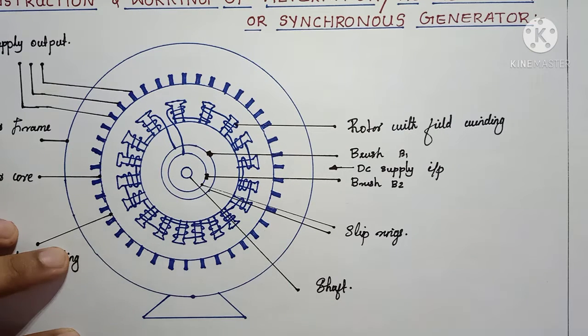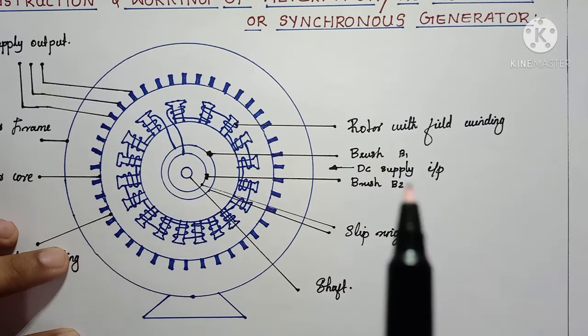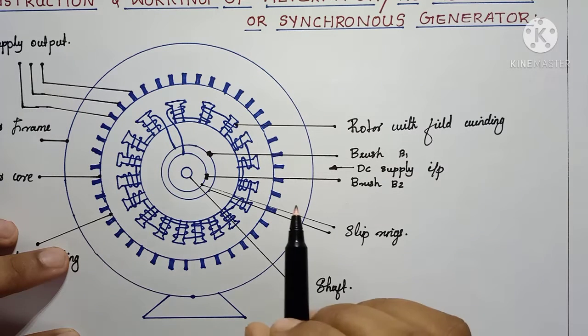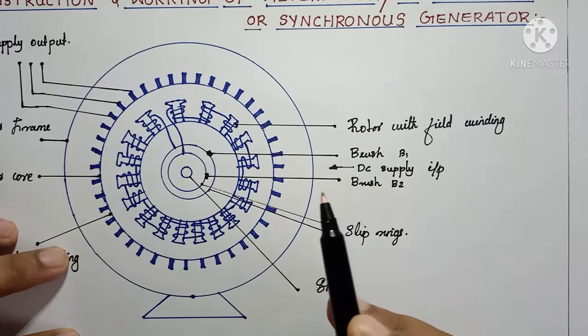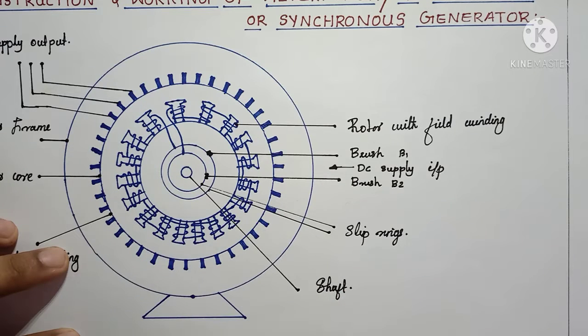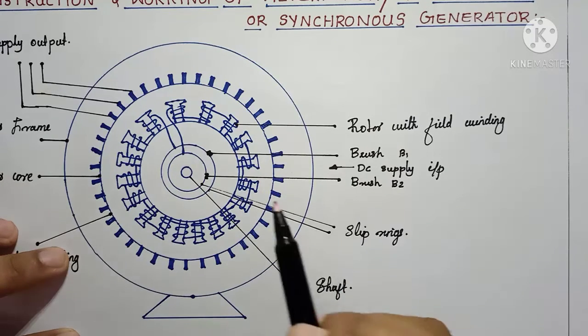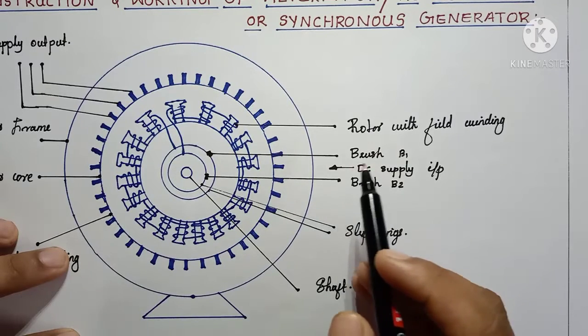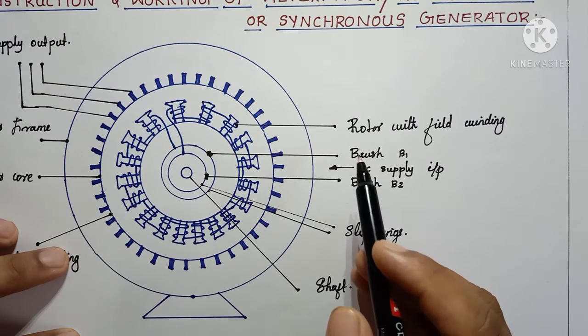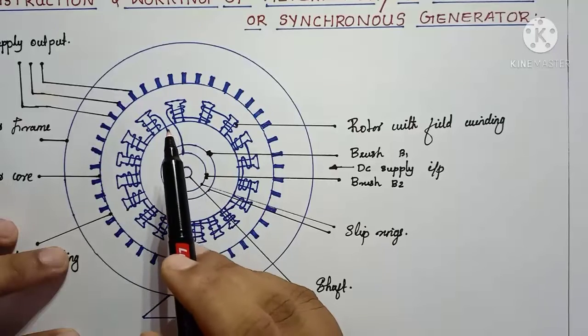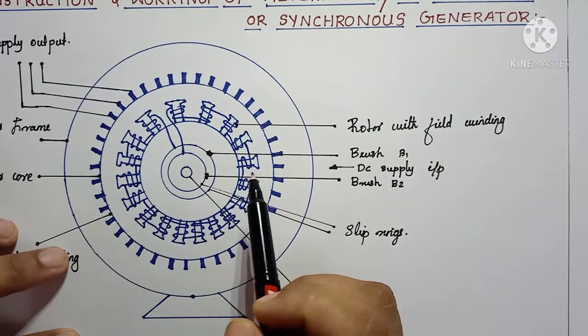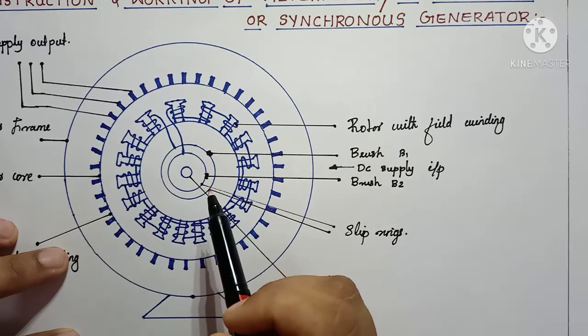We know that DC shunt generators have dropping characteristics, but whatever it is, it can provide almost constant voltage from no load to full load. So the DC excitation is given to the field windings through these brushes and slip rings.